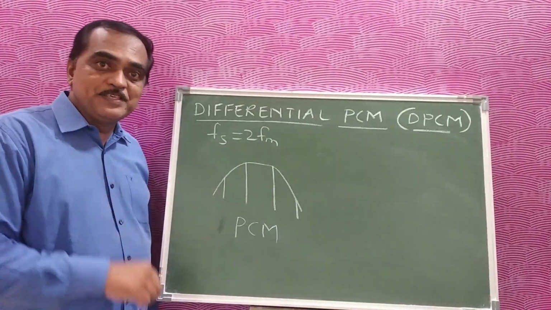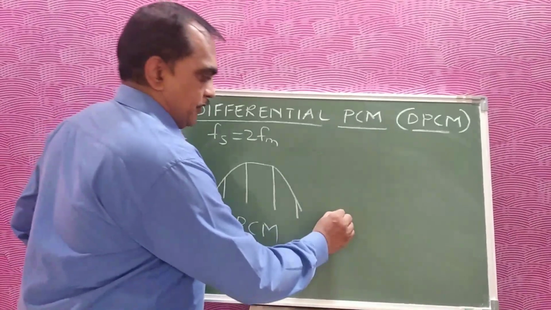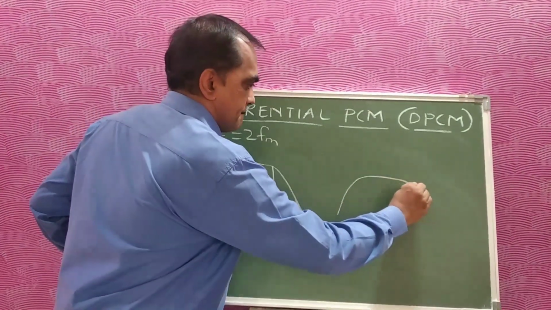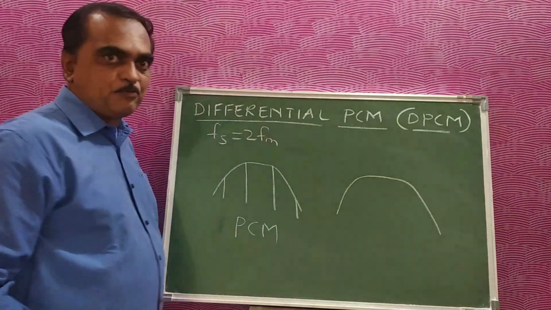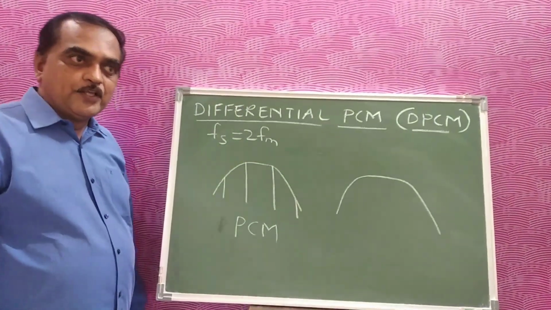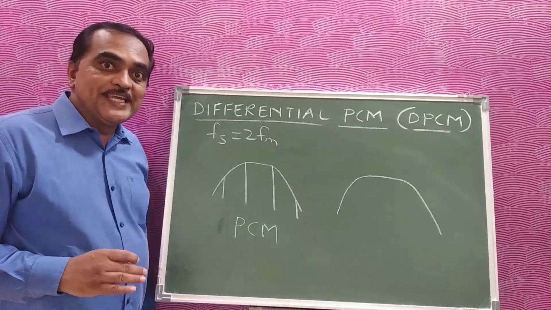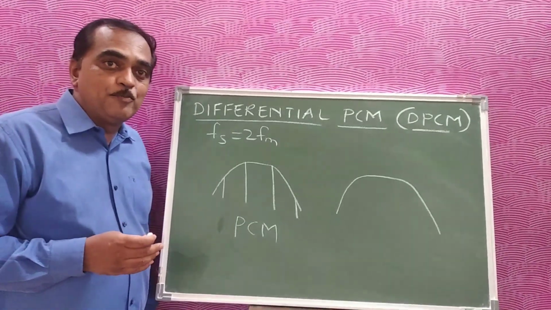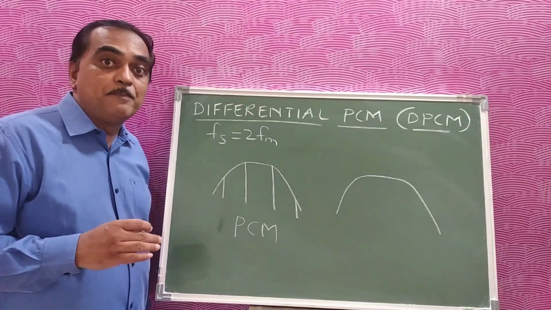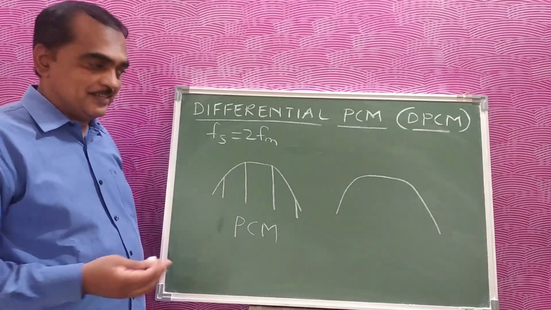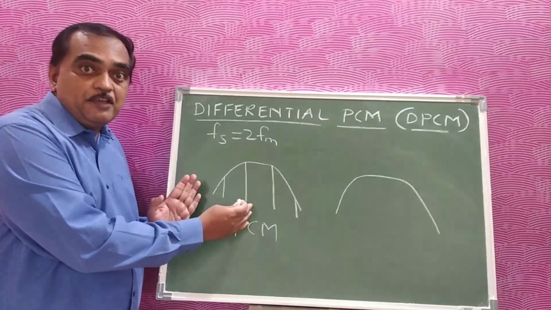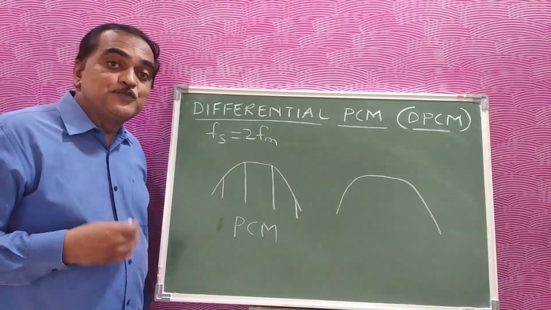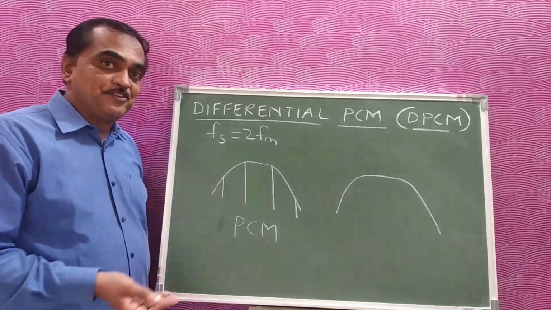Now if you see DPCM, we can have the same type of waveform. And here we can also increase the sampling rate, because here we will not be worried about our data bits or bandwidth getting increased, because in PCM, if you increase the number of samples, the number of data bits and the bandwidth will increase.